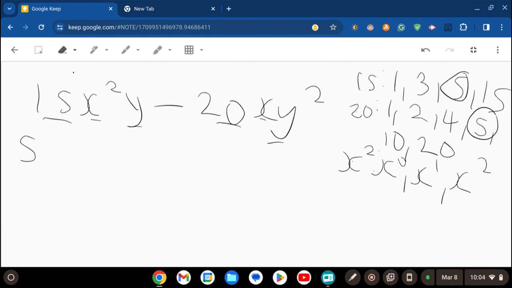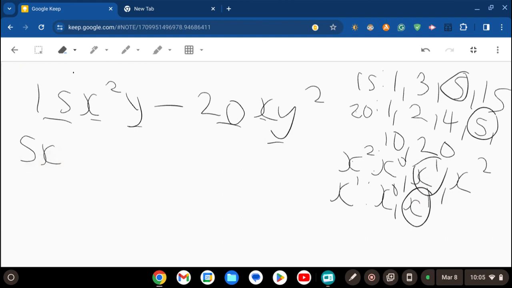Now we can list the factors of x, or x to the first power, which will just be x to the 0 and x to the 1. So our HCF between x squared and x to the first power would just be x to the first power, x. So we can factor out x.